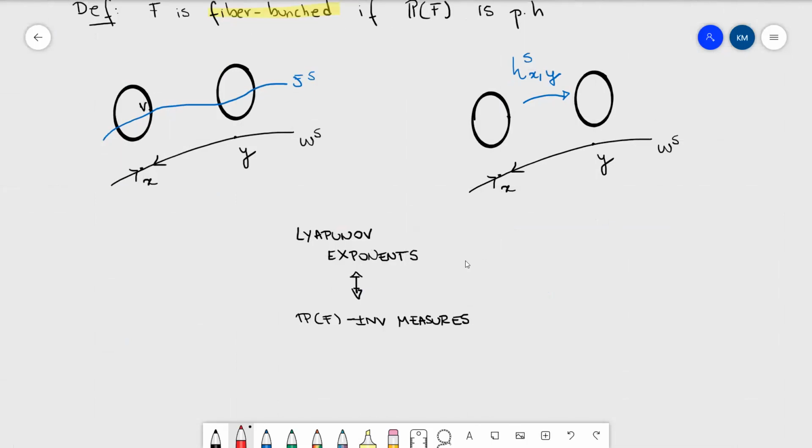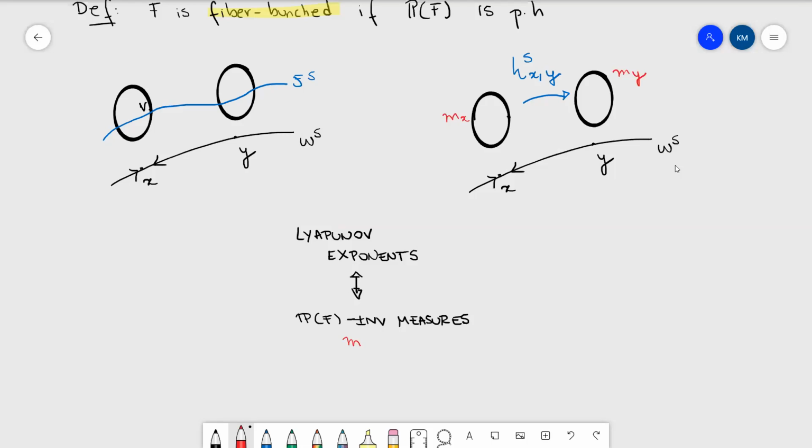And then if I take any measure here, I'm going to call it m. I can take the disintegration of this measure along the fibers, and it's going to give me here the element in the base and here the element in the fiber. And these holonomies can give me information about what happens. For example, you can ask if you take this measure by the holonomy, whether it's going to coincide with this one or not.